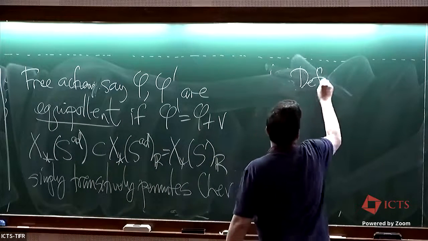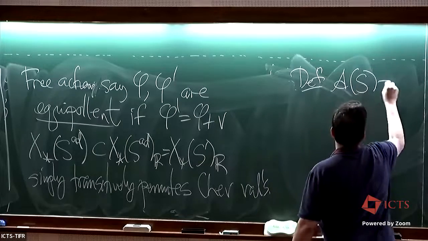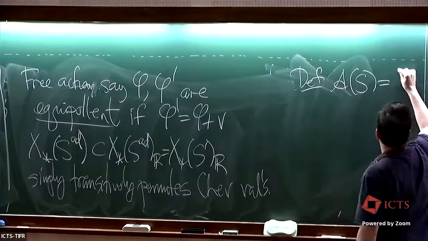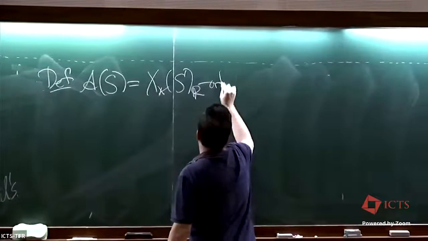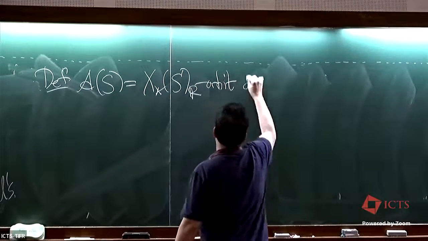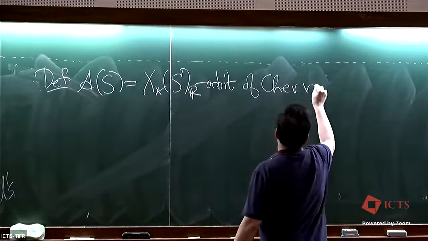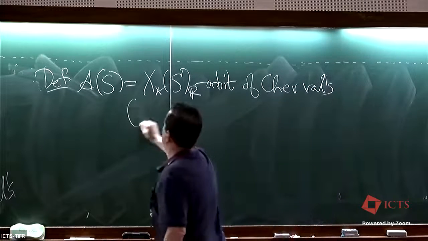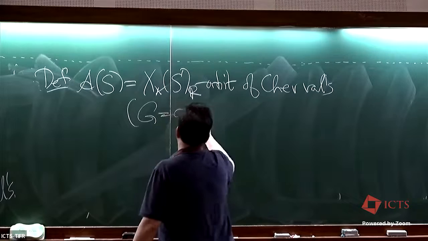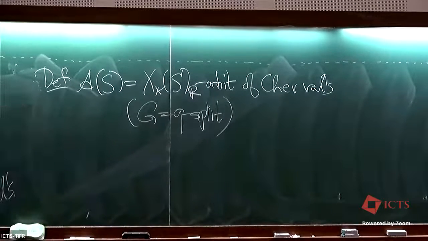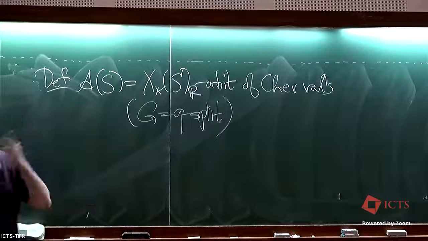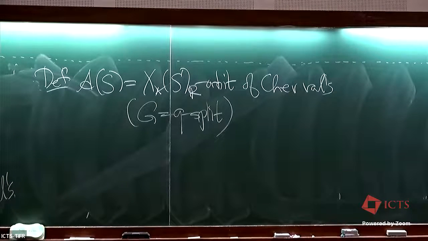The definition: A of S is this X star S prime R orbit, the equipollence class of the Chevalley valuations. And here I'm assuming that G is quasi-split. Okay? So you have this real vector space inside of which, oh God, it's not a vector space. Sorry. It's an orbit under this free action of a vector space.